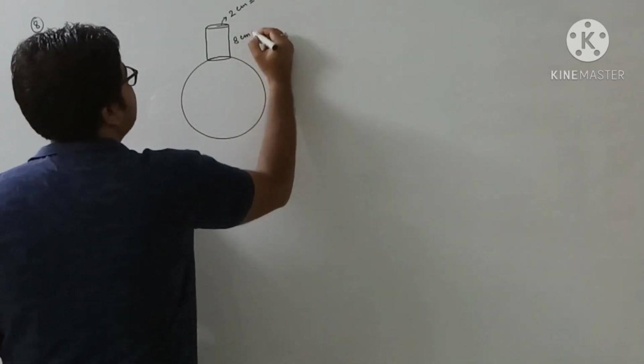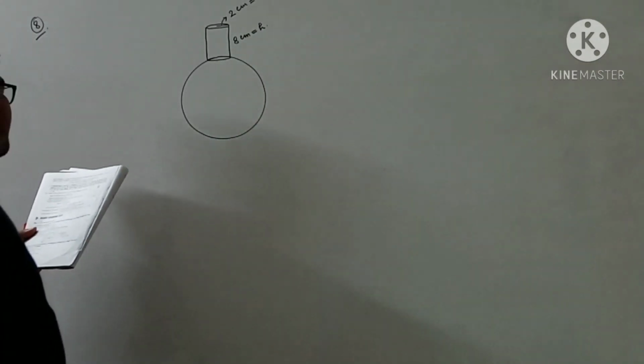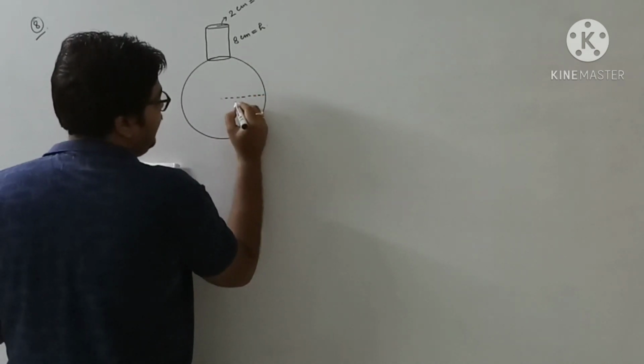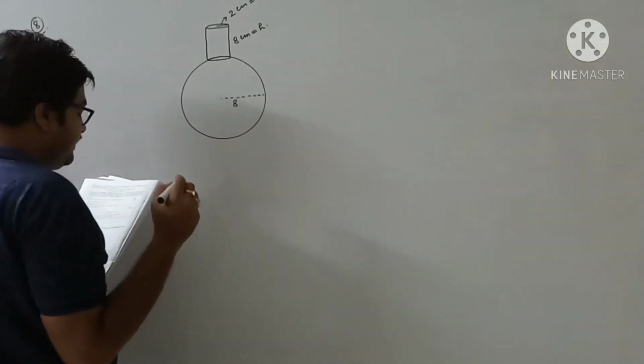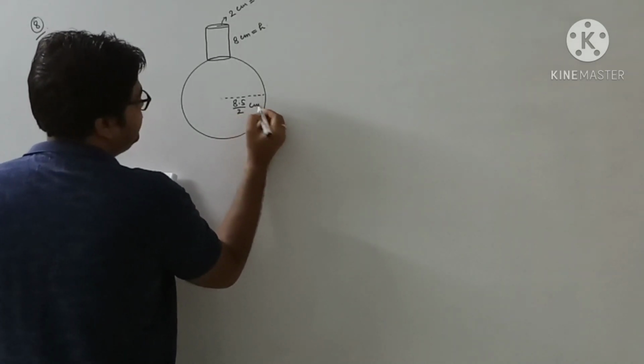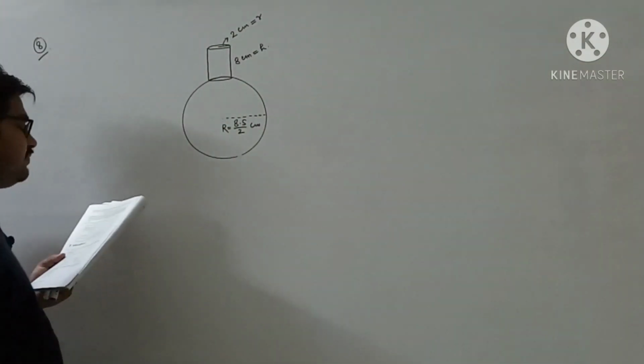This is the small r, this is h. The diameter of the spherical part is 8.5 cm, so the radius will be 8.5 by 2 cm. This one we are using capital R because it is different from the small one.